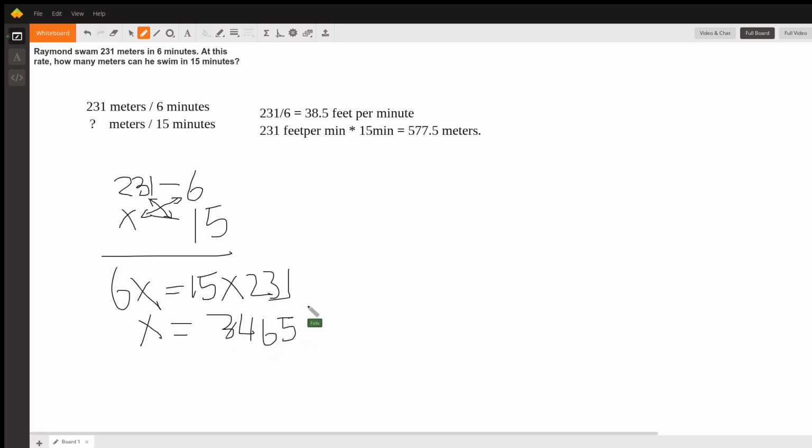Then divided by 6, I'm doing it real quick, that'll give you the same answer, 577.5 meters. And this is another way to verify the answer.